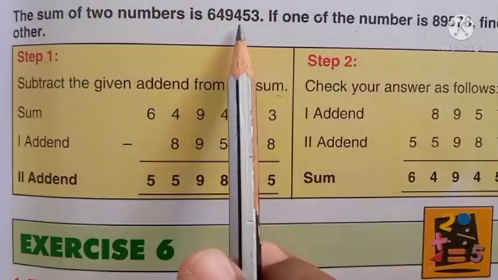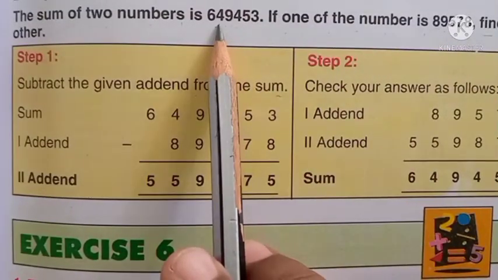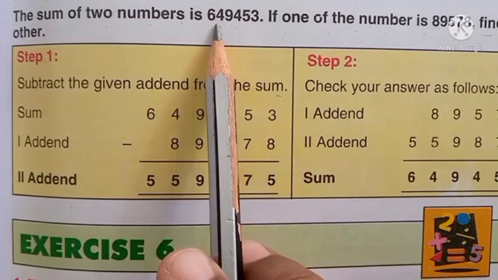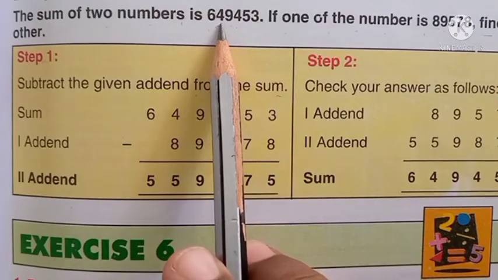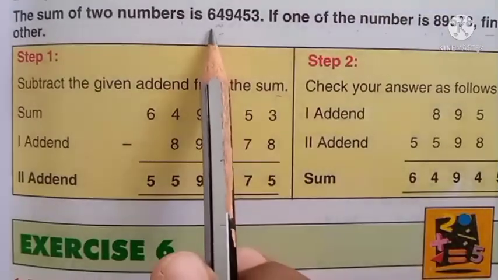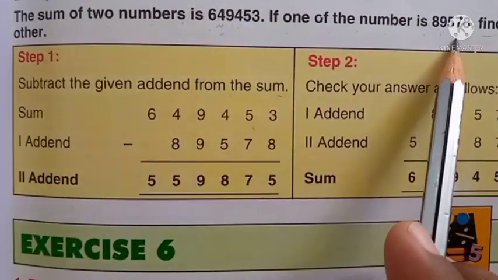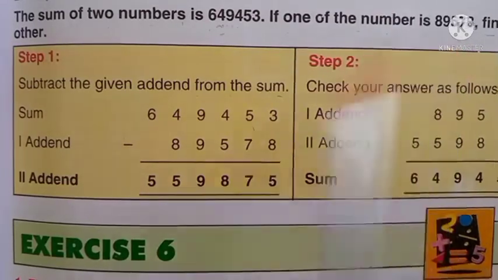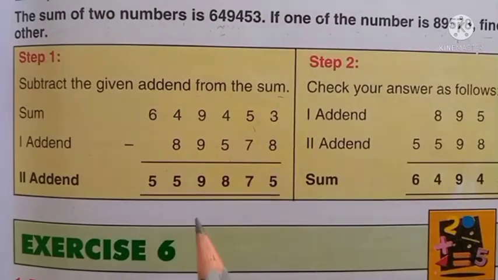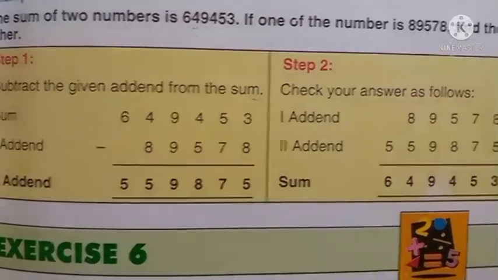They have given only these two numbers, dear children. This is the sum they have given, and one addend they have given. So first what you should do, write the sum here, and subtract the first addend. Whatever answer you get will be the second addend.